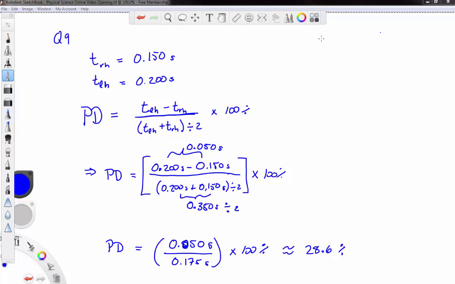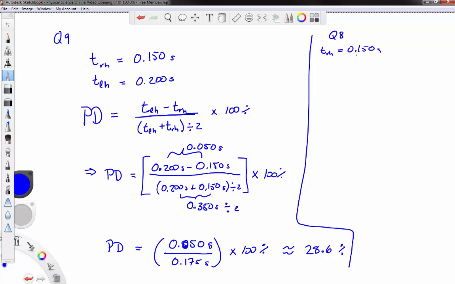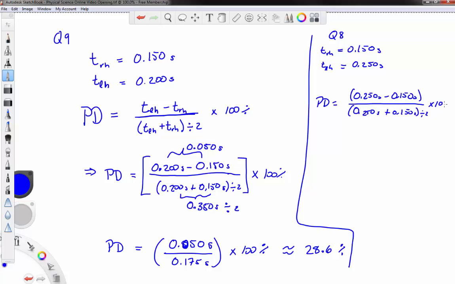For Q8, it's basically all the same process that we just went through, except for that in Q8, your right hand is still 0.150 seconds, but your left hand is more like 0.250 seconds. So your percent difference becomes 0.250 seconds minus 0.150 seconds divided by 0.250 seconds plus 0.150 seconds divided by 2, and then that's times 100%.